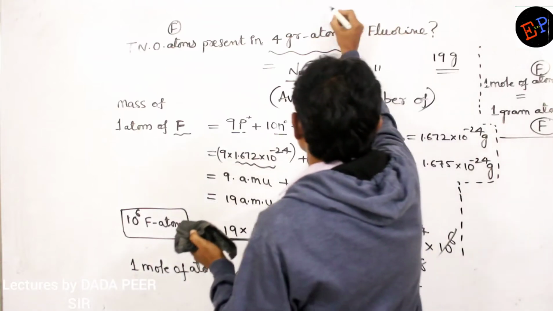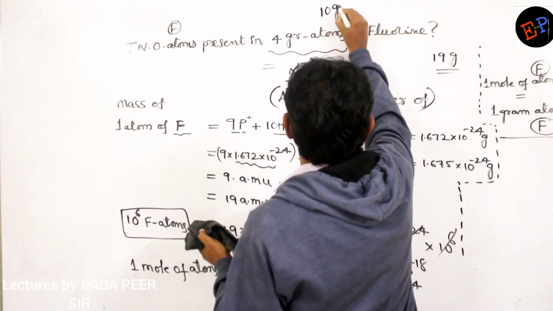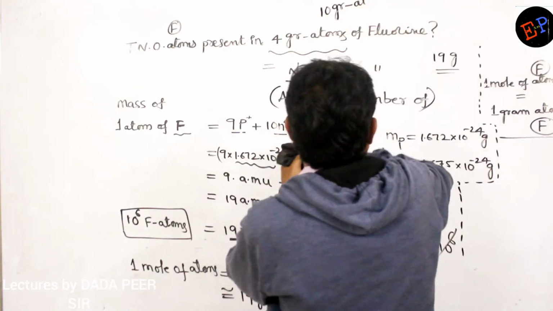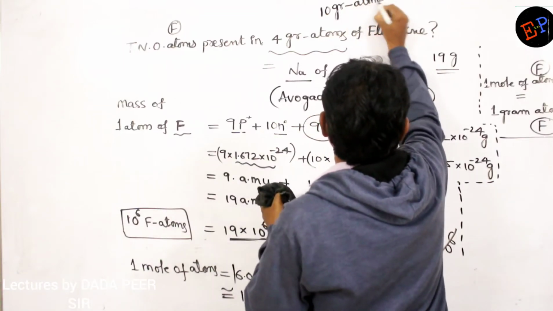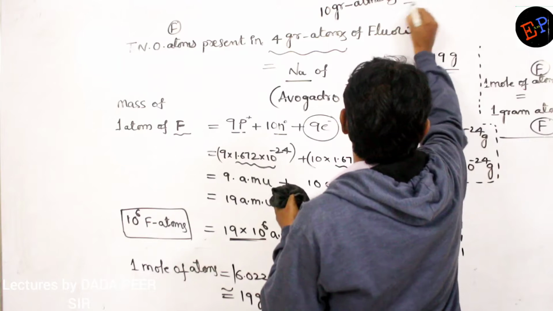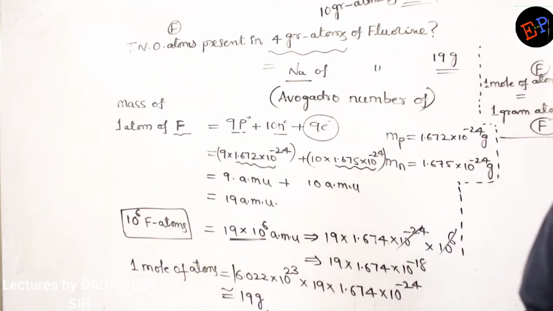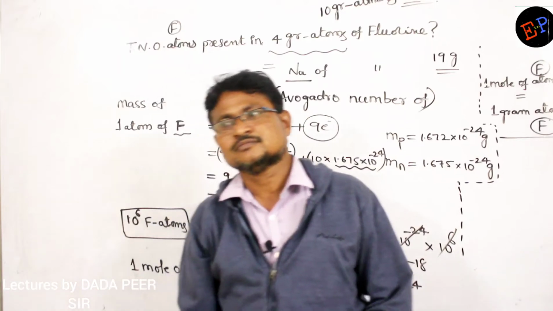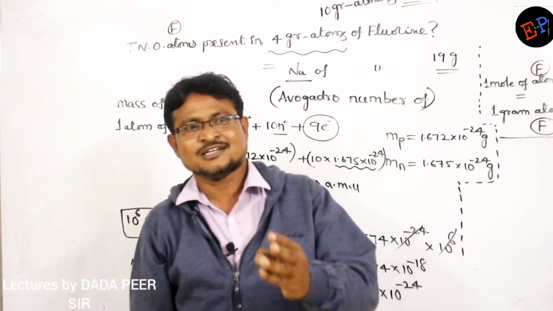See, how many gram atoms? 10 gram atoms of lithium. Total number of atoms. Now the turn is for the seniors.